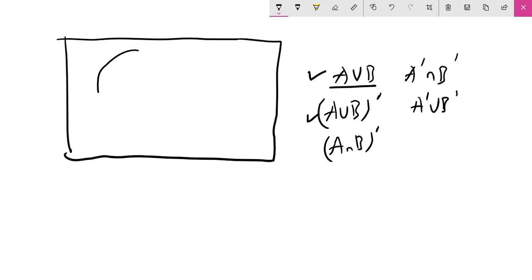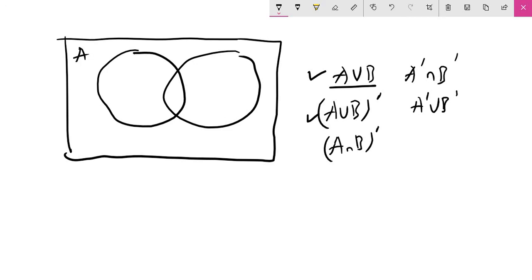We have A and B again. Which part represents A union B? Let me use dots to show that. Together with the overlapping area and all of the set B, all of this is A union B.